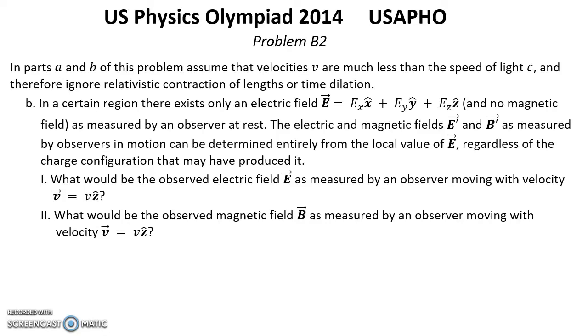Question 1. What would be the electric field E' as measured by an observer moving with velocity v in the z direction? Question 2. What would be the magnetic field B' as measured by an observer moving with velocity v in the z direction?